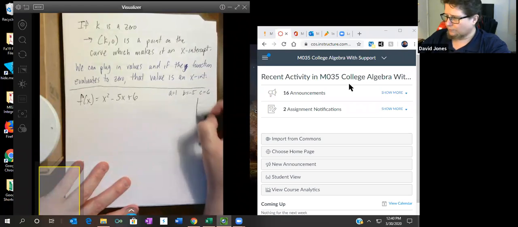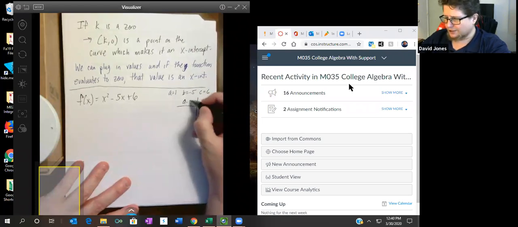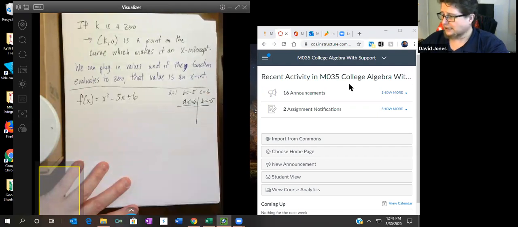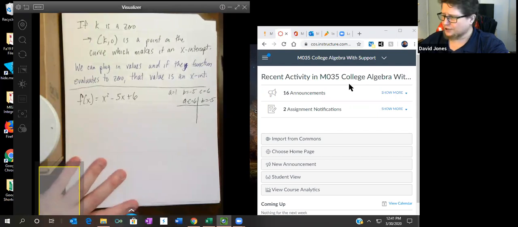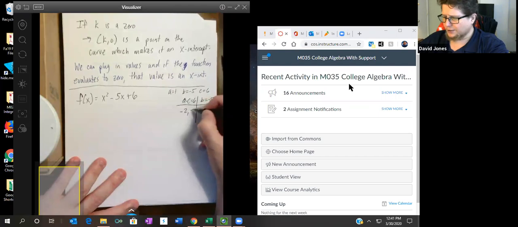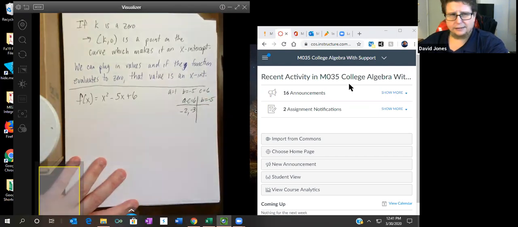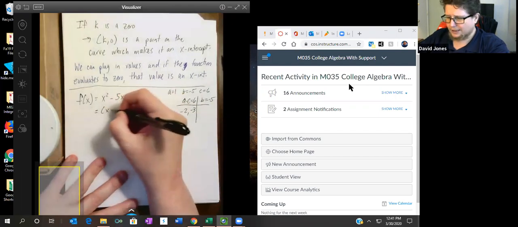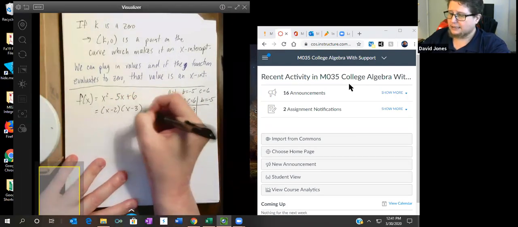We need it to multiply to a times c, which is 6, and add to -5. For it to multiply to a positive number, they both have to have the same sign. For it to add to a negative number, they have to both be negative. -2 and -3 work. Since a equals 1, I can shortcut this to x minus 2 and x minus 3.